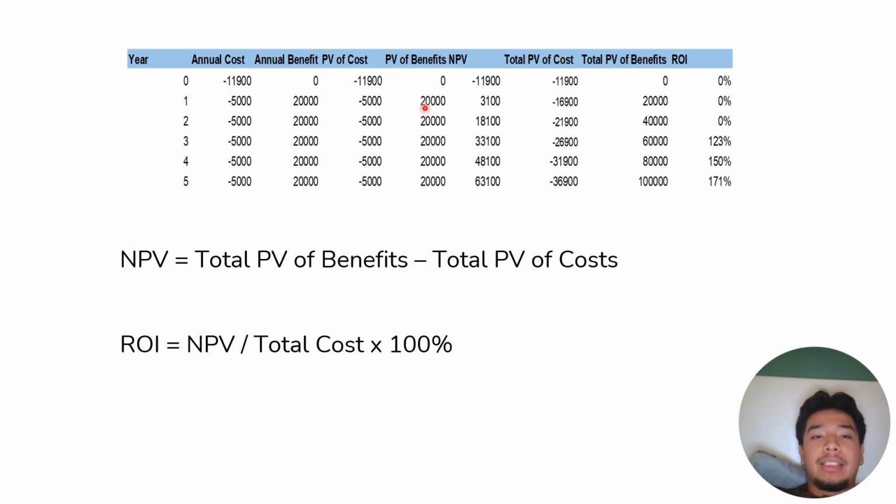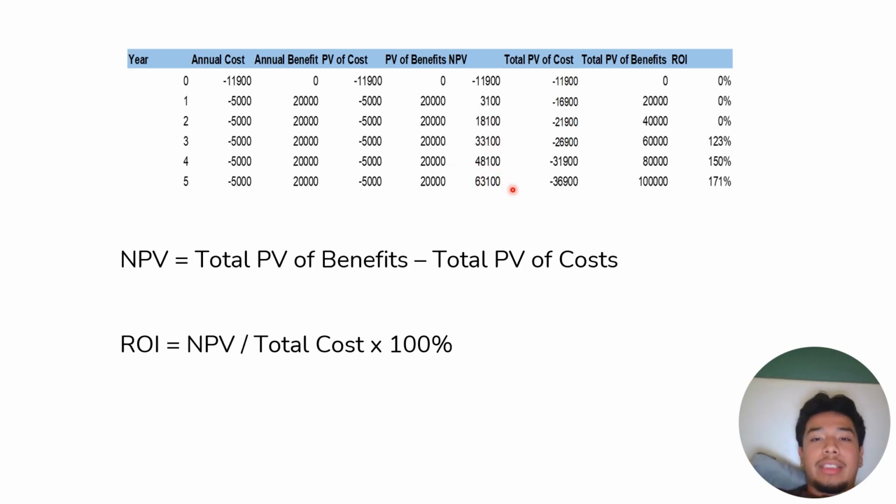So a lot of these numbers are identical in this section, and they'll stay like that. Our net present values is where values start to change. So year 1 is going to be 3,100, 20,000 minus that. Year 2 is going to be 40,000 minus 21,900, which is where we get this value.